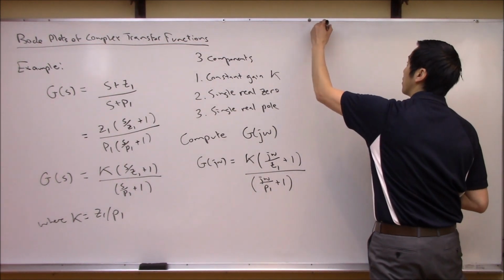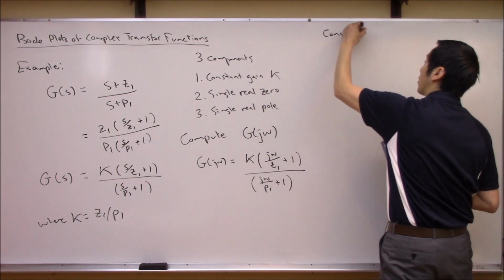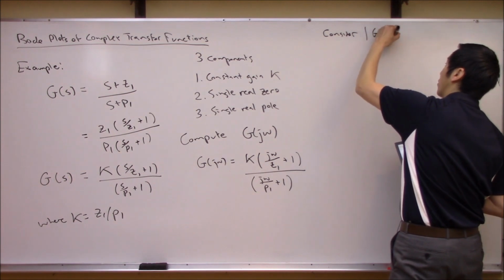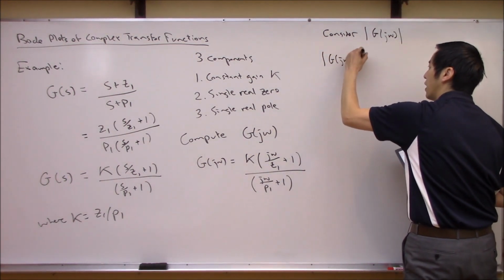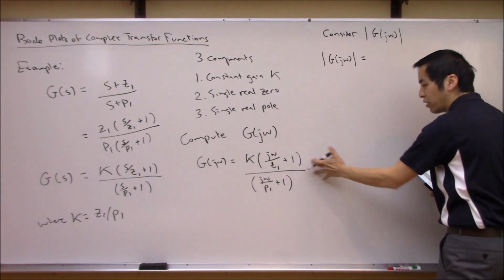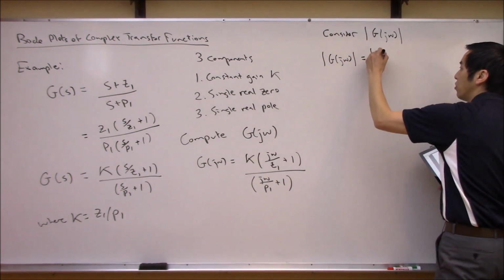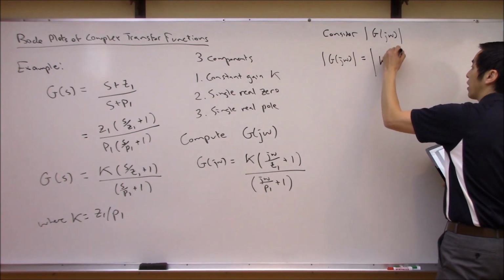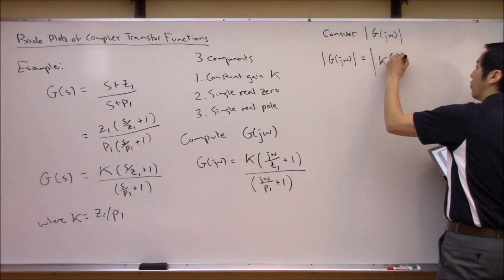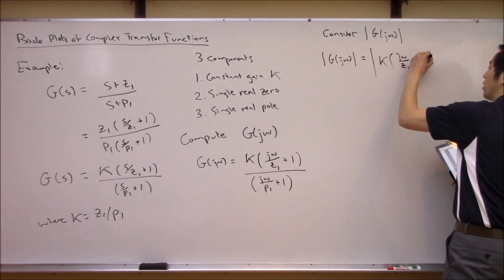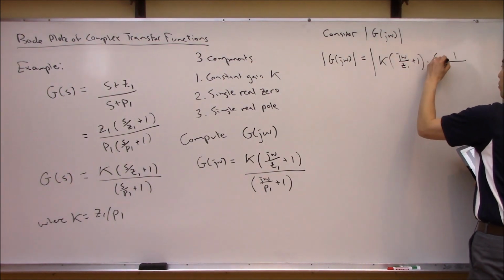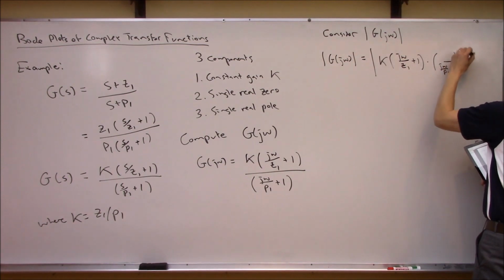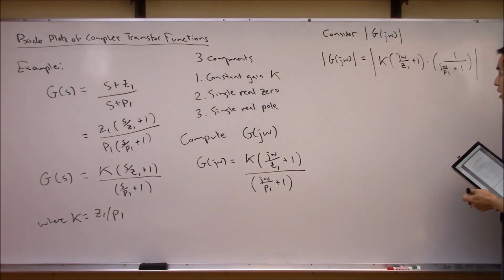So let's first consider the magnitude of G of j omega. The magnitude of G of j omega is just the magnitude of this complex number. So it's the magnitude of k, and then maybe let's write it like this, (j omega over z1 plus 1) times 1 over (j omega over P1 plus 1). Would everyone agree that's the same thing here?